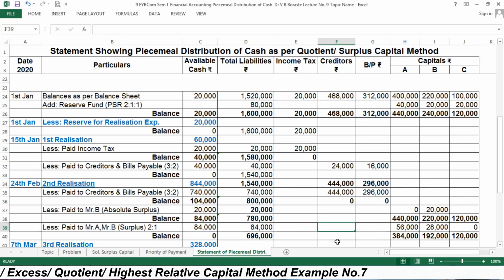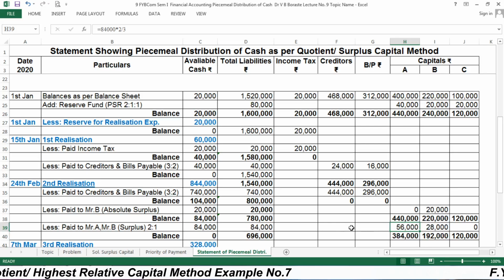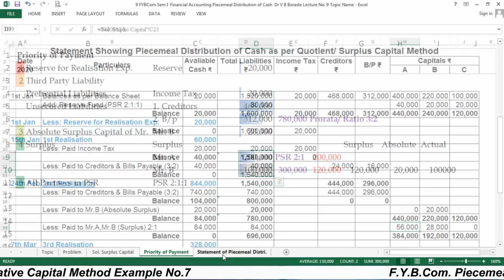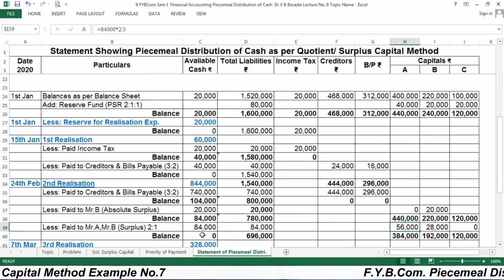So you can see here Mr. A is getting 56,000 and Mr. B is getting 28,000. So this is nothing but the surplus capital. Out of rupees 3 lakh we just paid only 84,000 and the balance is still payable. Now we don't have cash, that means the balance is nil.